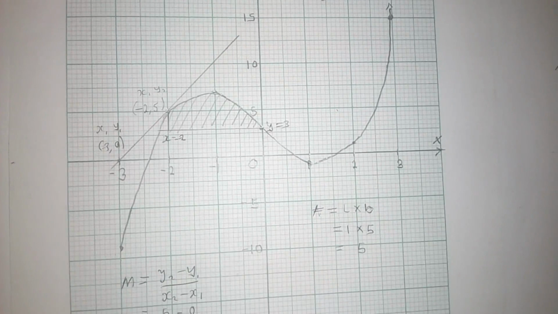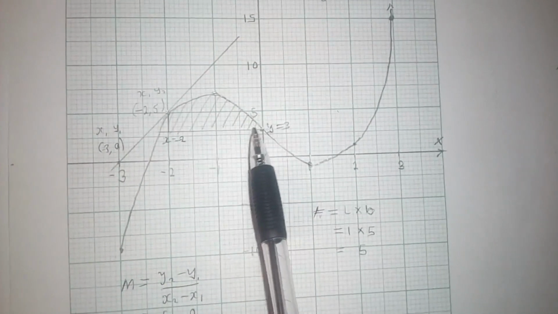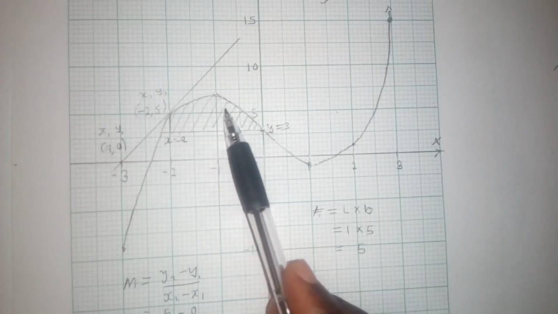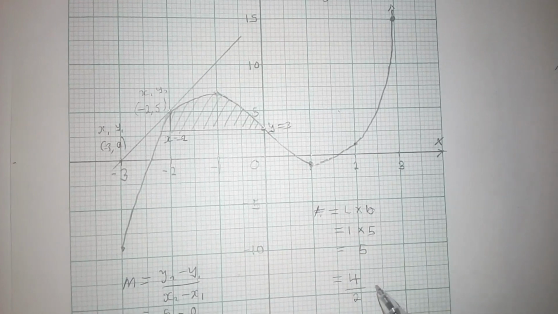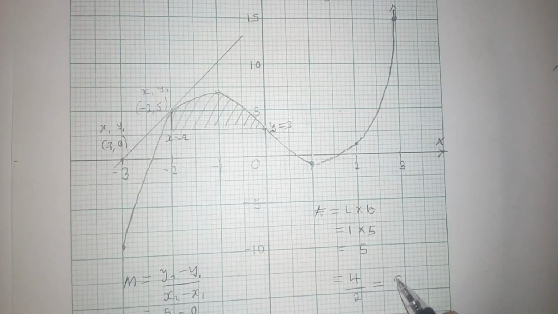So what we're going to do is count the number of boxes which have been chopped. How many? There is this one, 1. There is this small one, 2. There is this other box, 3. This one, 4. So since they have been chopped, we'll say 4 boxes have been chopped. You divide by 2, which is equal to 2.